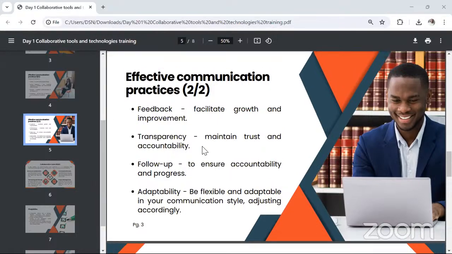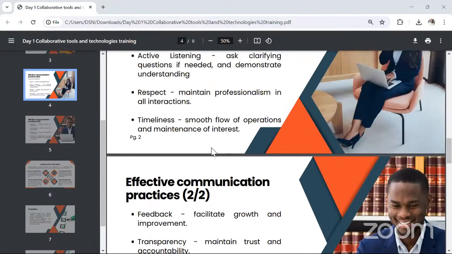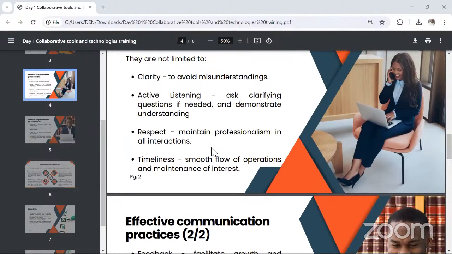So do we have any questions when it comes to effective communication? Kindly type in the chat, or you can raise your hand and ask that question. I'll give you a minute. You can type the question or concern, and it will be responded to.